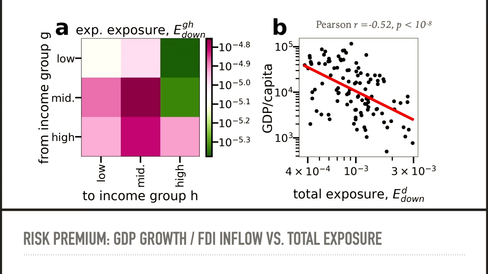So, there are a few facts to be noted here. High income countries are affecting all other income group countries, whereas middle income countries are mostly affecting the low income countries and mid income countries, but not much the high income countries, and low income countries are not much affecting others.